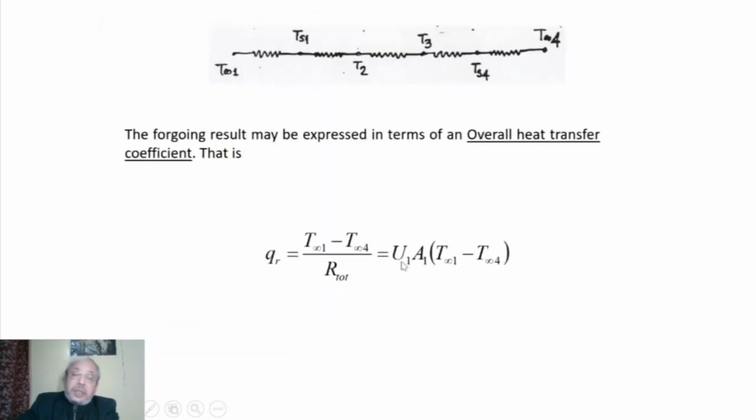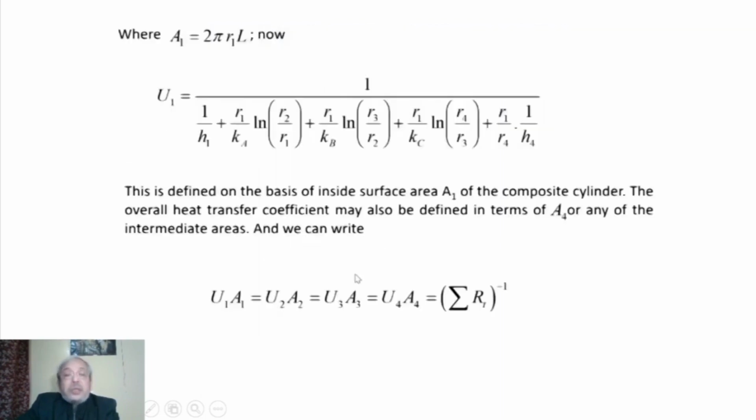This can also be written as U1 A1 into (T infinity 1 minus T infinity 4). Then U1 into A1 is basically 1 by total resistance. So U1 A1 equals 1 by total resistance.